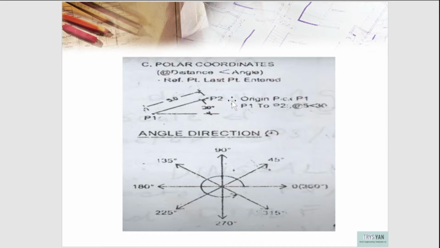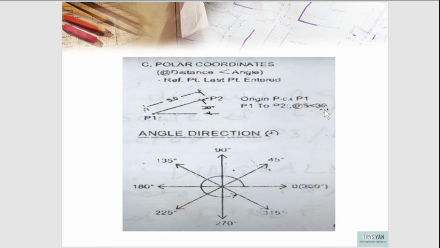If we input this in CAD using polar coordinates, we have to get the distance. The distance between the 2 points is 5, and our angle, from 0 degrees going counterclockwise, is 30 degrees. So our format will be @5 angle 30 degrees.